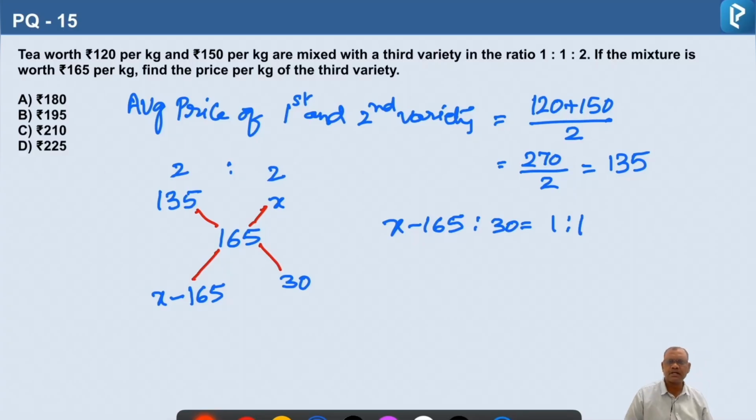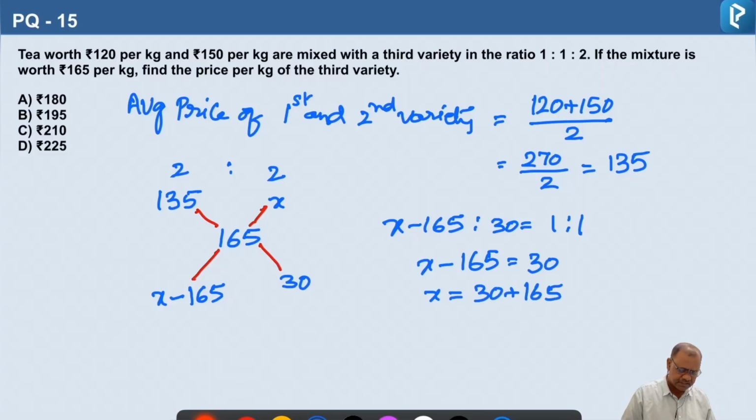If you use the proportion rule, product of extremes equals product of means, we get X minus 165 is equal to 30. So X is equal to 30 plus 165, which is equal to 195. This is the price of the third variety. 195 rupees is the price of the third variety of tea. So the correct answer is option B.